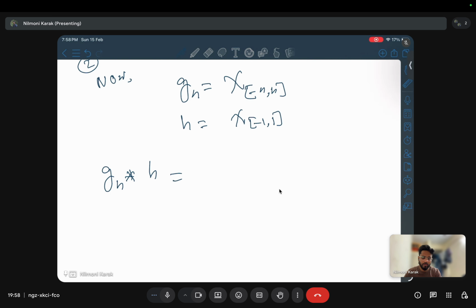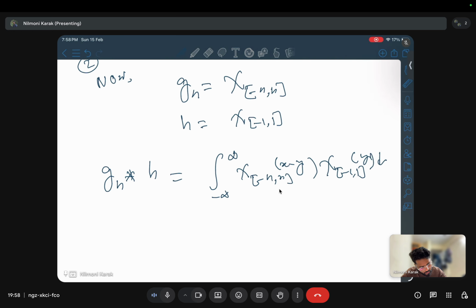So the definition is the integral from minus infinity to infinity of g, which is chi minus n, of x minus y, times chi minus 1 to 1 of y, dy.